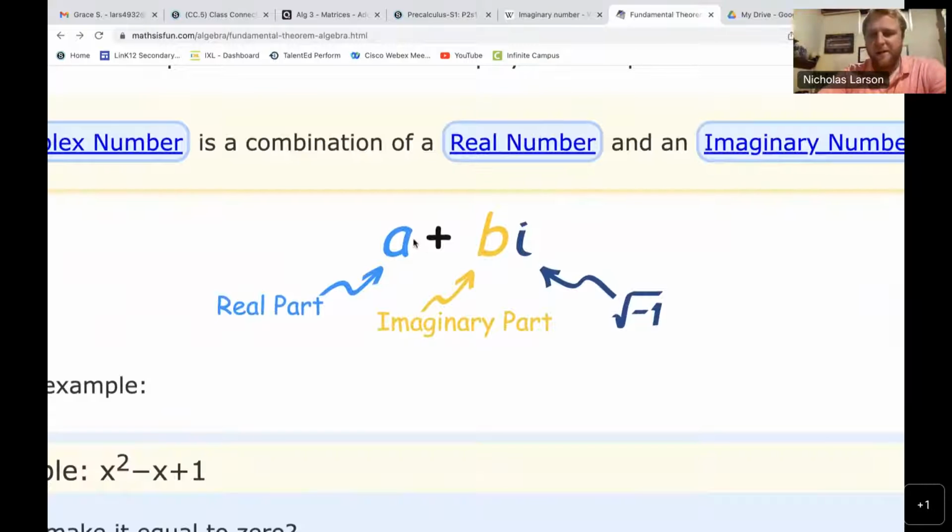So if a was 5 and b was 7, the conjugate would be a minus 7i. Or if a was 2 and b was 3, the conjugate of a plus 2i would be a minus 2i. So the conjugate is basically the same thing, but whatever your addition or subtraction sign was, you've got to flip it. You've got to change it.